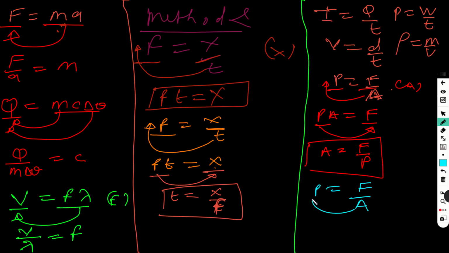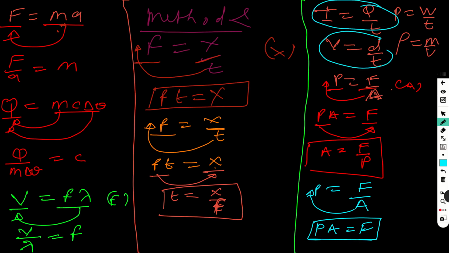So I take A this way. I'll have now P times A is equal to what? F. So I've made F the subject of the formula. So force is equal to pressure times area. So you can pause the video and do that for this, and this, and this, and this.